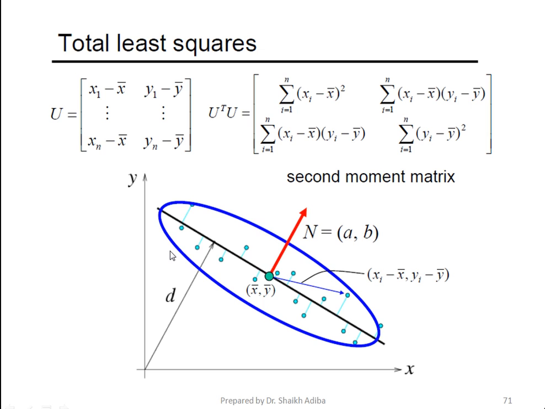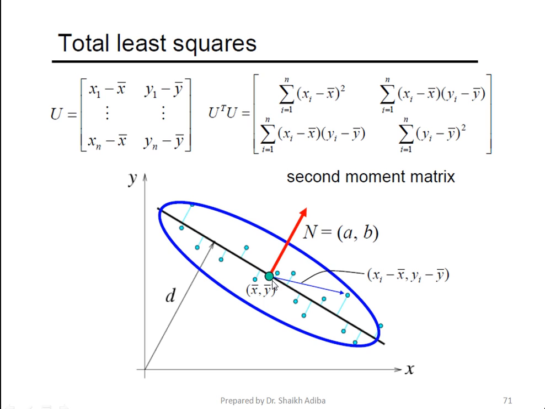Applying total least square here, we get this equation. And now see here, this is the line that is best fitted to all of the data points.